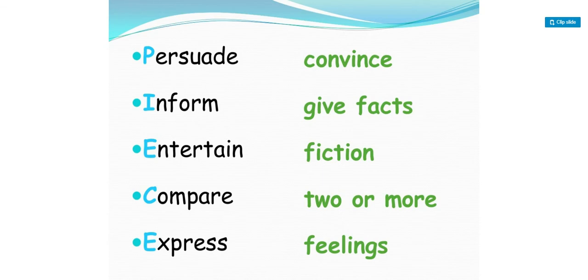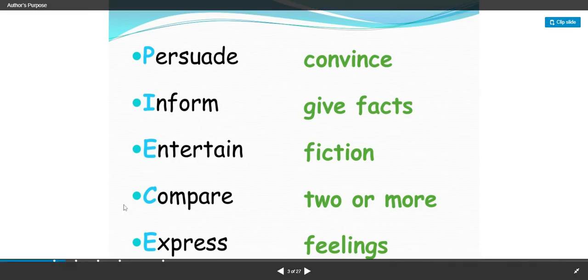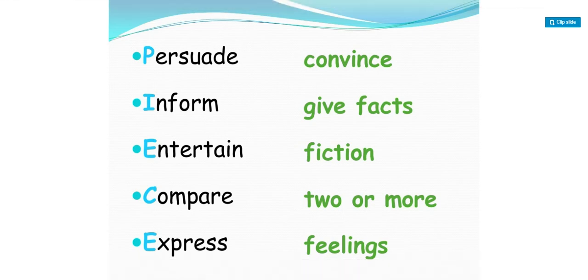But we also want to keep in mind that authors can write to compare and also express their feelings. So comparing, I want you to think about when you might be a reader and you need to read to compare some things.